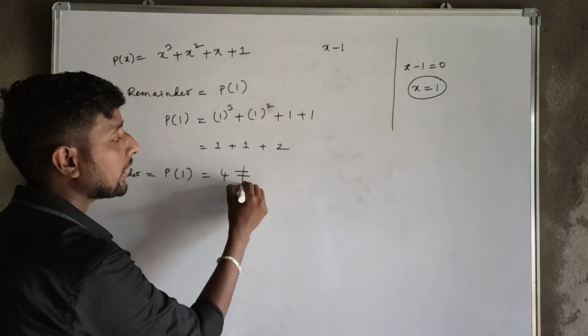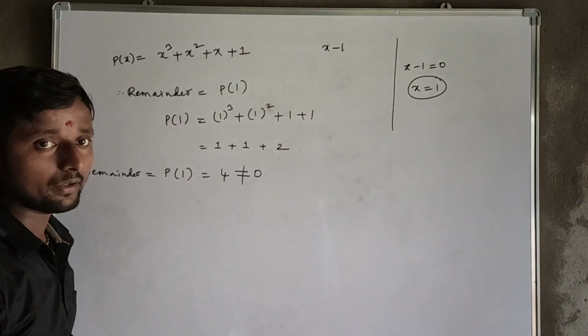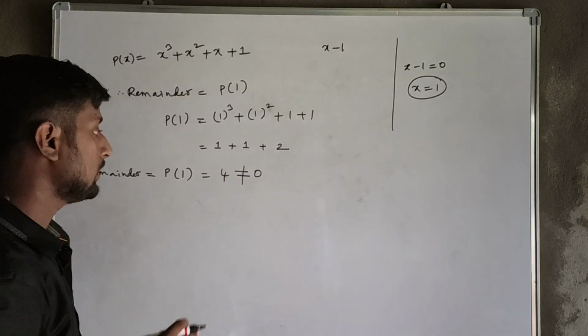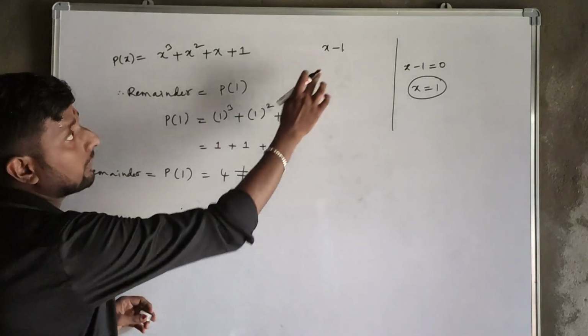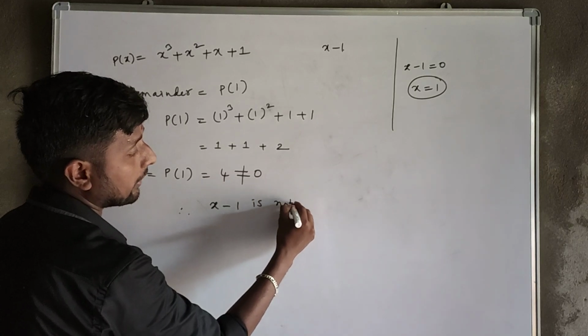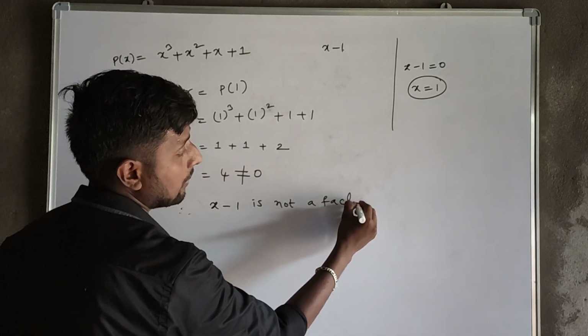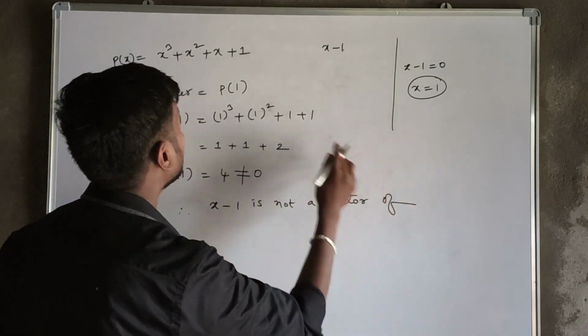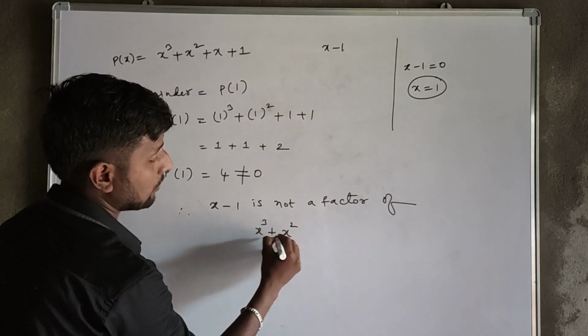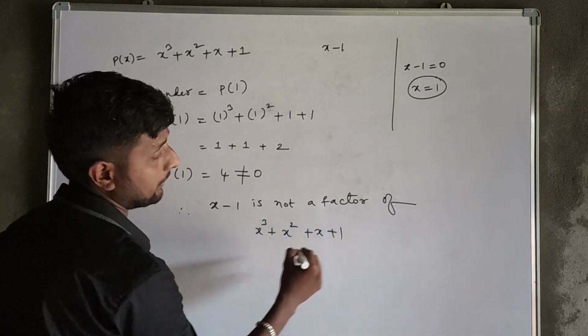So 4 is not equal to 0. I said when the remainder is 0, then it is a factor. So the conclusion: x minus 1 is not a factor of x cube plus x square plus x plus 1.